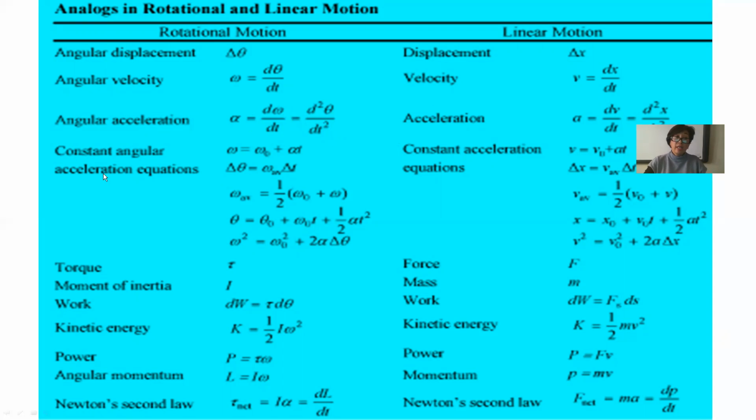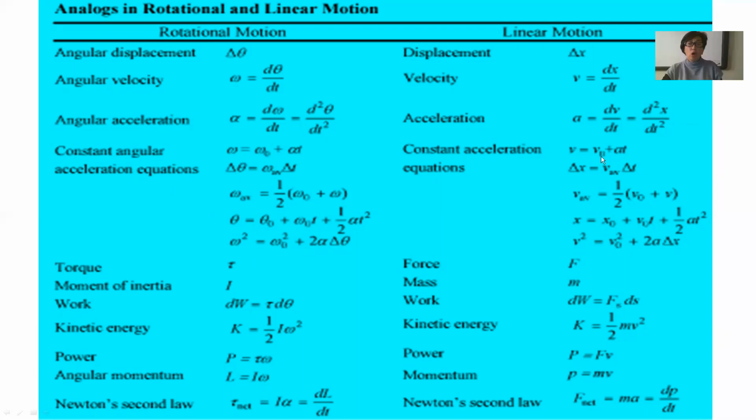And here, the constant angular acceleration equations. We're using the different constant angular acceleration equations.